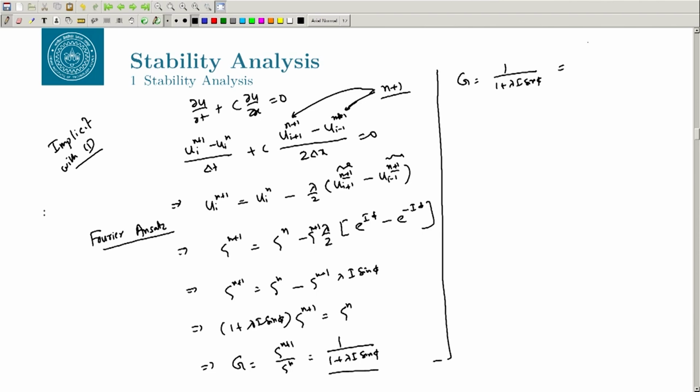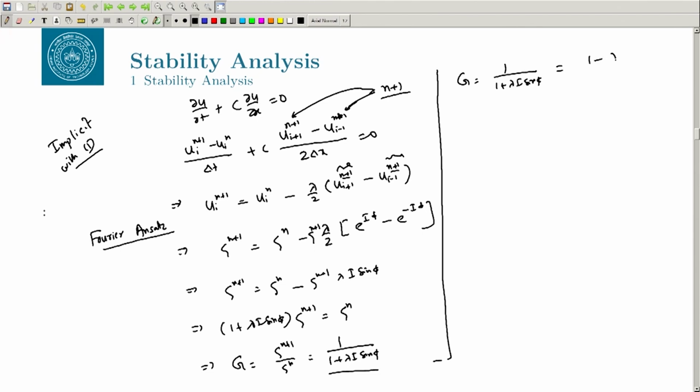So, that will become 1 minus lambda I sin phi by 1 plus lambda I sin phi, right. Or I think before that, what we can do, we can multiply top and bottom with 1 minus lambda I sin phi, that will be better. Okay, we can work it either way.